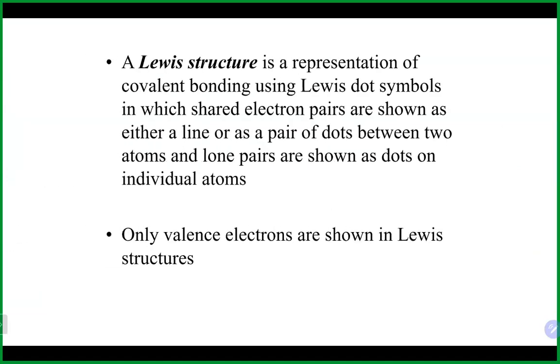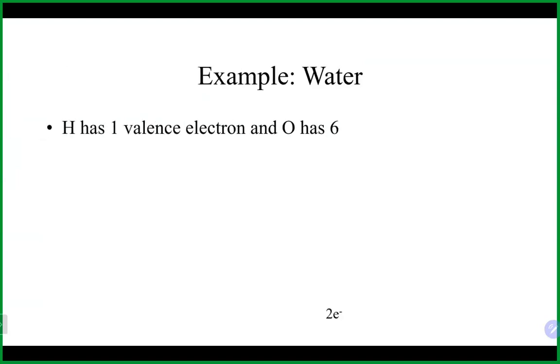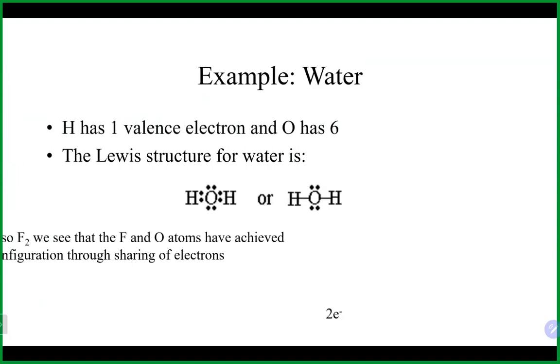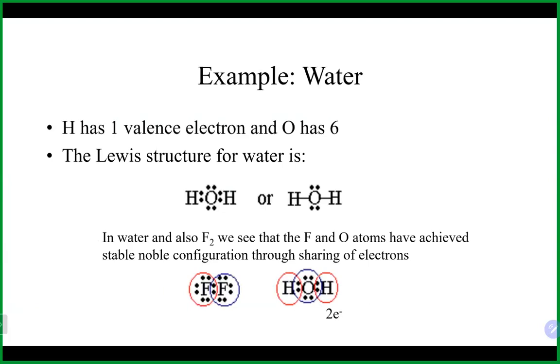So a Lewis structure is a representation, again, using our Lewis dot symbols. Once again, as I mentioned earlier, only the valence electrons are shown, but obviously all these elements still have those core electrons, which are not involved in bonding. It's just those highest energy electrons that are involved in bonding. So we take a look at water, which is another example here of covalent bonding happening.